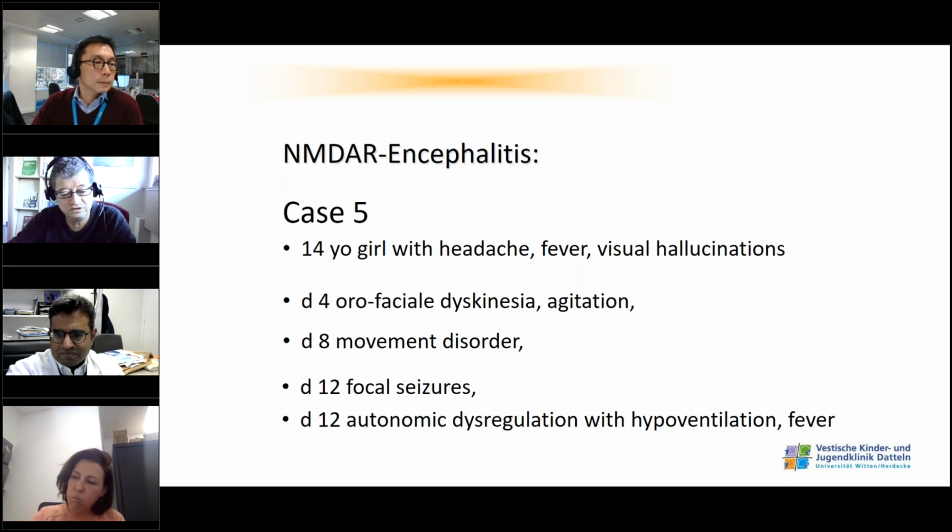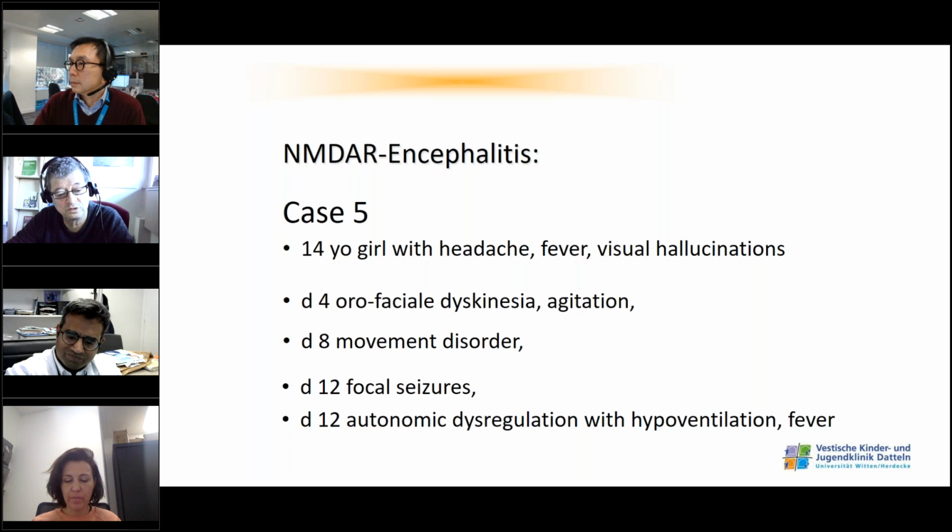Only 3 to 4 weeks into the disease, and this is a case from 2009, she was noted to have a teratoma, and by then first reports from Oxford and from Dalmau came along, showing that patients with a teratoma develop a disease called NMDA receptor encephalitis.